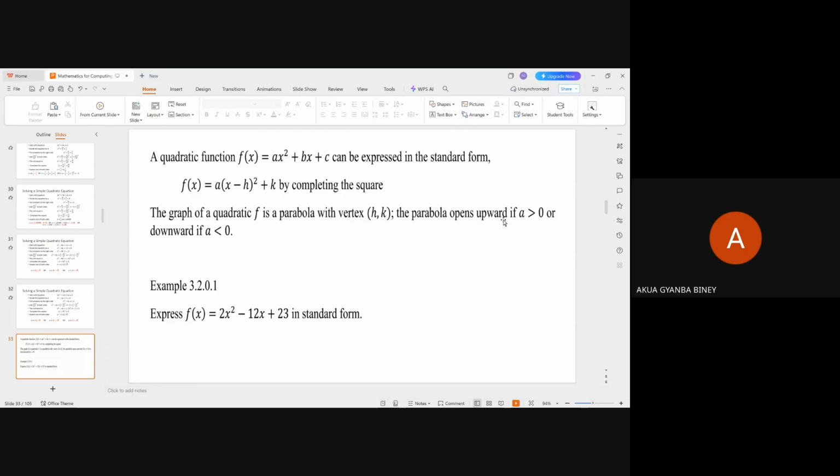The parabola opens upward if a is greater than 0, or downward if a is less than 0. So if this expression is given and you're asked to express it in standard form, you can use the completing the square method to express it in standard form.